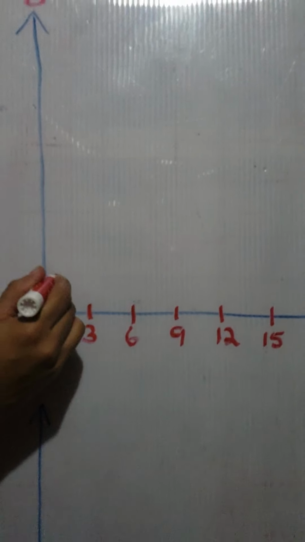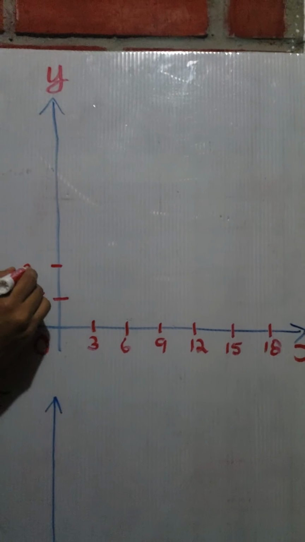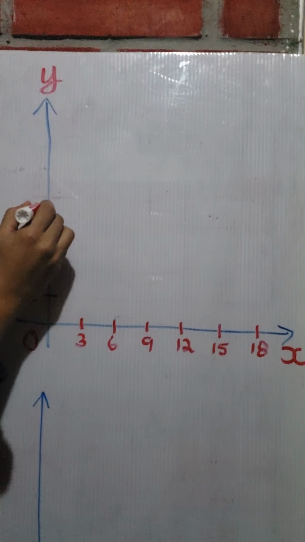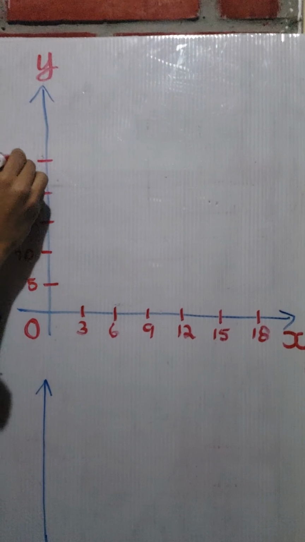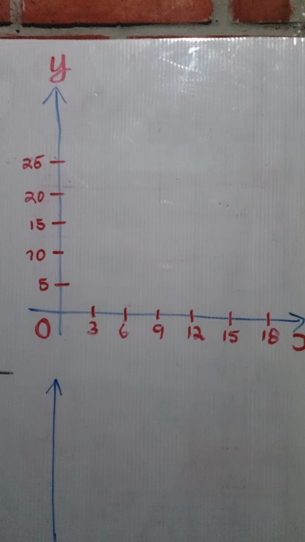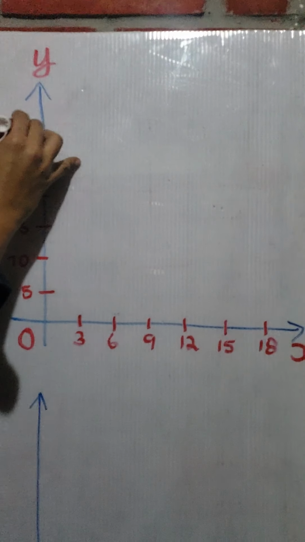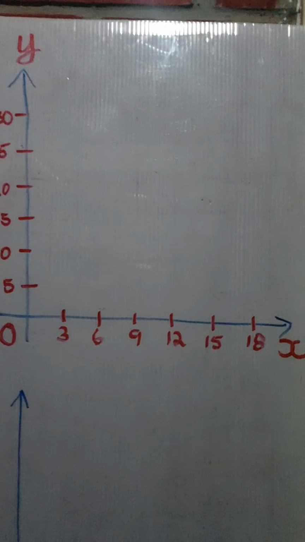Here, 5 plus 5, 10, plus 5, 15, plus 5, 20, plus 5, 25, and plus 5, 30.